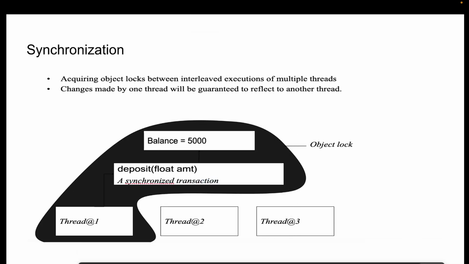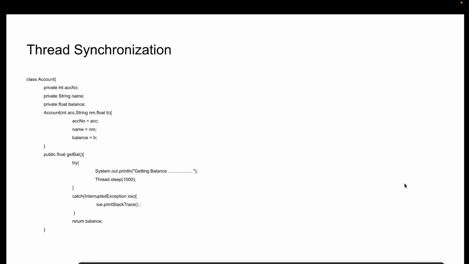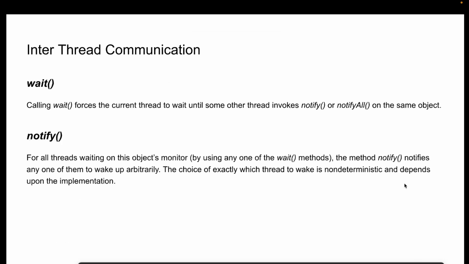Okay, we have seen the synchronization topic. We'll see inter-thread communication. So what is inter-thread communication basically? Inter-thread communication is communication between the threads.